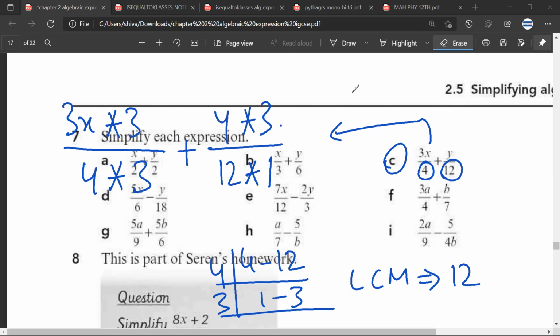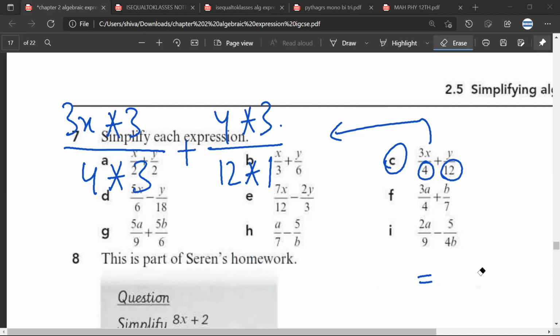Satya, have you understood? Yes, sir. So final answer would be 12x plus 4 upon 12.